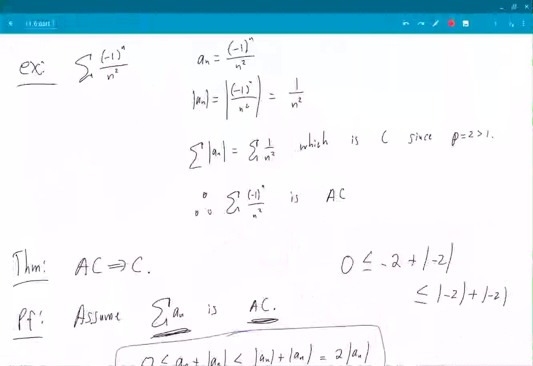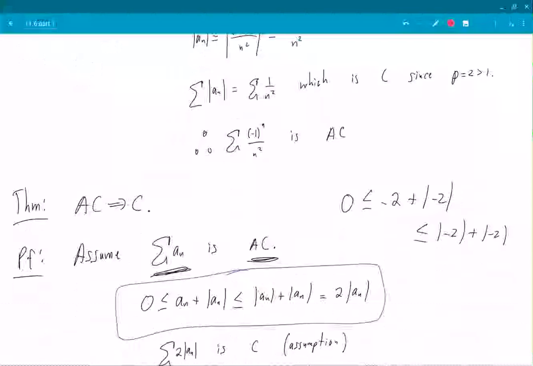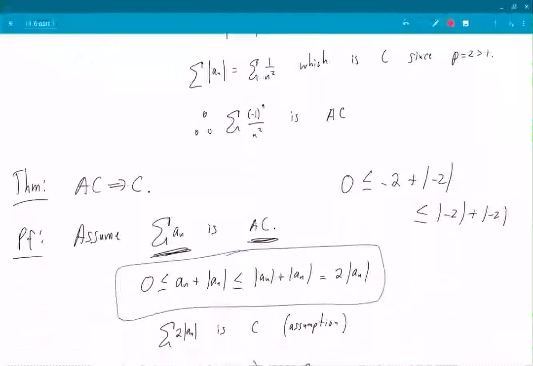Okay, now I want to establish that if something is absolutely convergent, then therefore it is also convergent. So I start by assuming that I have an absolutely convergent series.